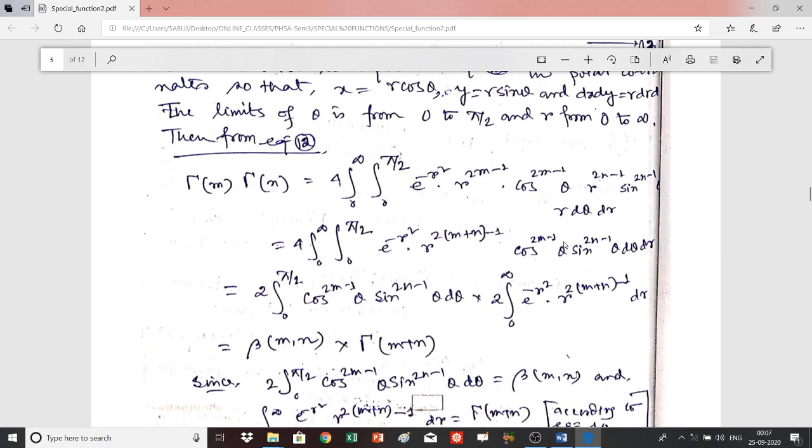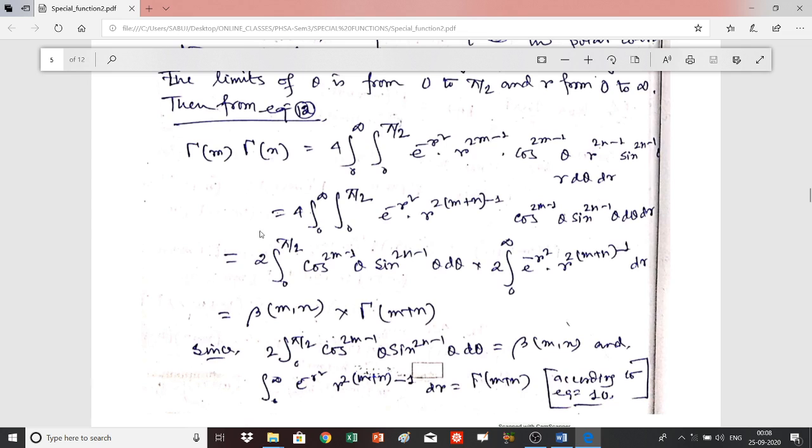Just separate these two terms regarding theta and r. This is concerned with theta, and here is the term related to r, that is, multiplied by the integral from 0 to infinity of 2 e to the power minus r squared, then r to the power 2 times (m plus n) minus 1 dr.